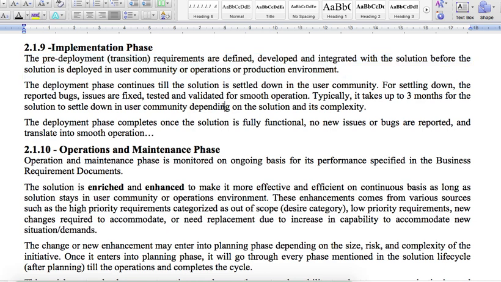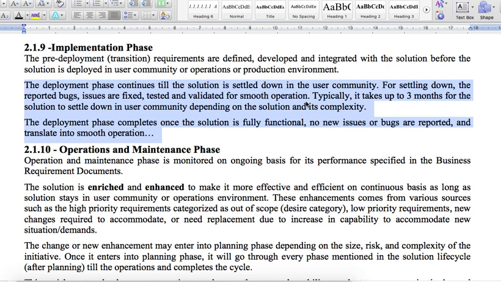Deployment phase continues till the system settles down in the user community. For settling down, the reported bugs and issues are fixed, tested and validated for smooth operations. Remember that when the solution is developed in the development environment and tested in the testing and sandbox environment, at that time they may use some limited records and limited user experience.